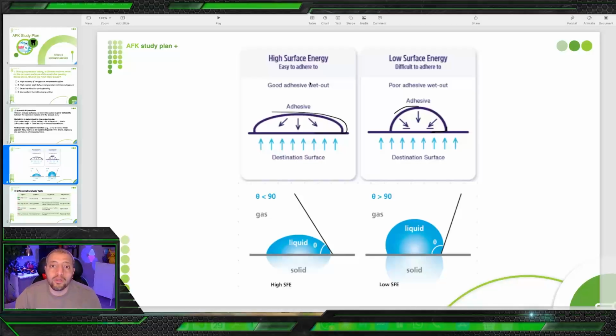So this is what we call good adhesion, which is going to end up with good wettability. On the other hand, look here, when the angle is obtuse, the angle is big, more than 90 degrees, this means the surface area contacting between the liquid and the surface is less. So this is going to end up with less wettability, which is going to end up with poor adhesion. So this is the factor to determine wettability or no wettability.